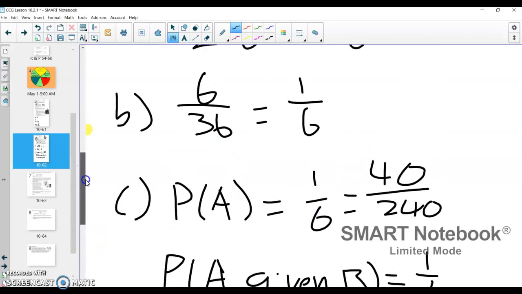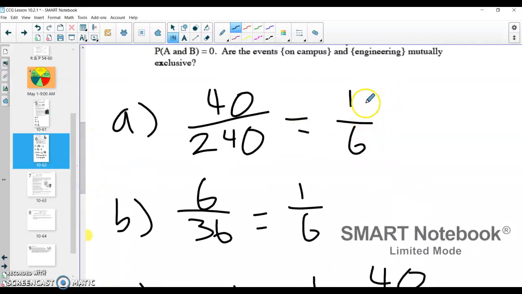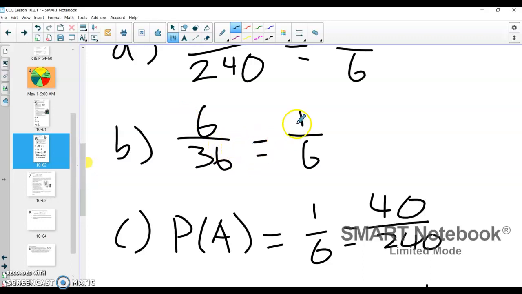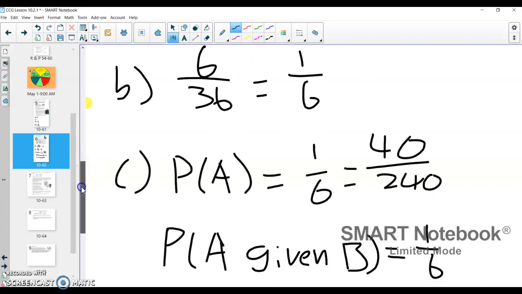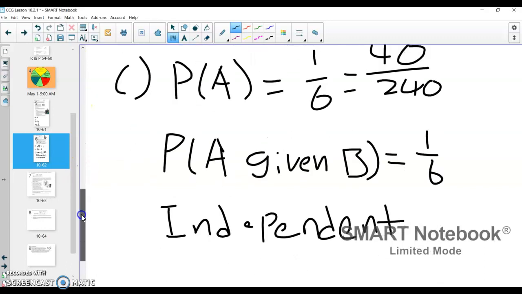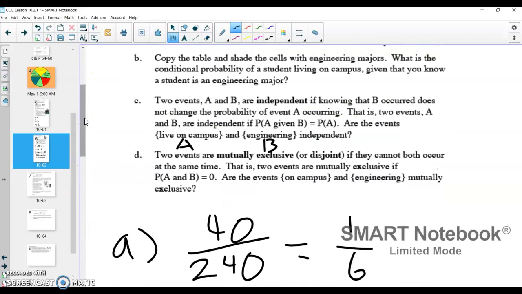Again, because the 2 probabilities are the same. We knew that 40 out of the 240 live on campus in total. We know from part B that 1/6 of engineering majors live on campus. And so these 2 events are independent of one another because they equal the same thing.